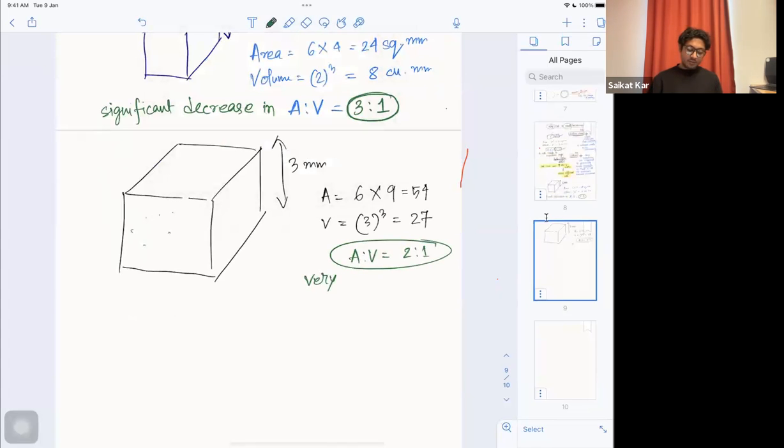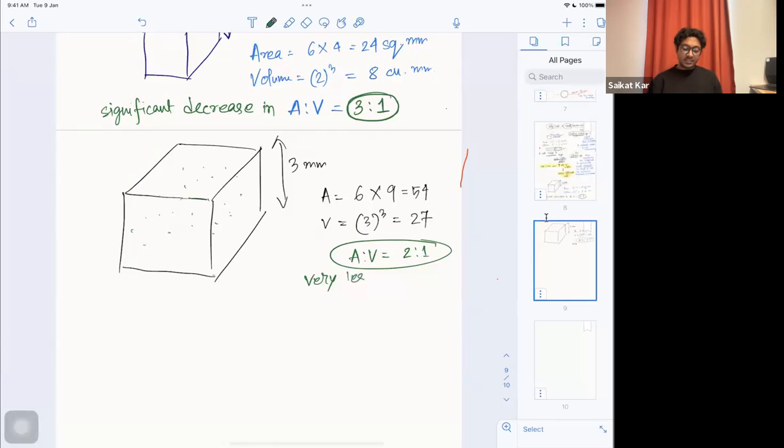The amount of diffusion needed to maintain all this volume inside cannot be compensated by the surface area they have.